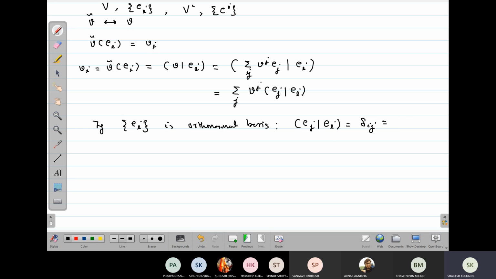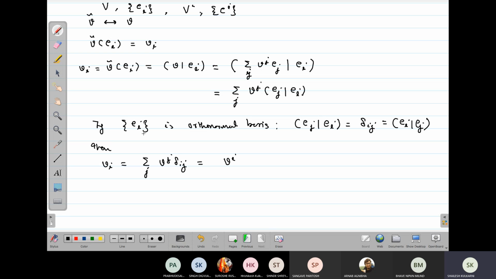This is the same as E_i inner product with E_j because of the symmetry property. So if we are using an orthonormal basis, then V_i is equal to the summation over j of V^j delta_ij. That is nothing but V^i.